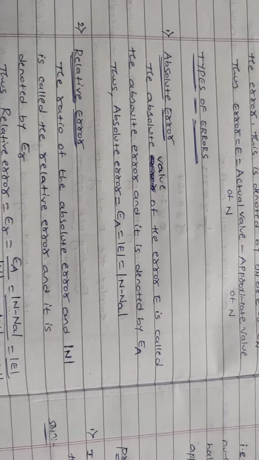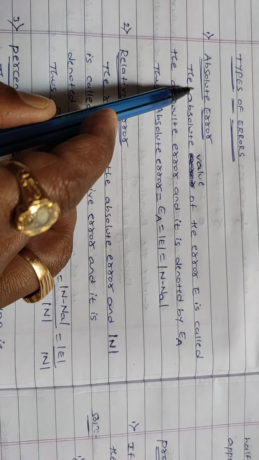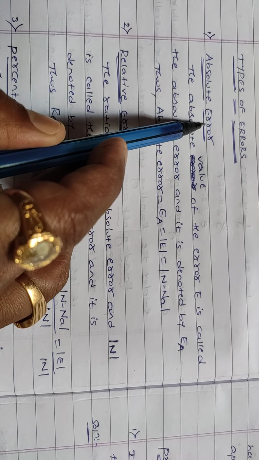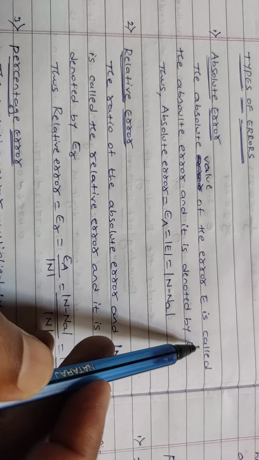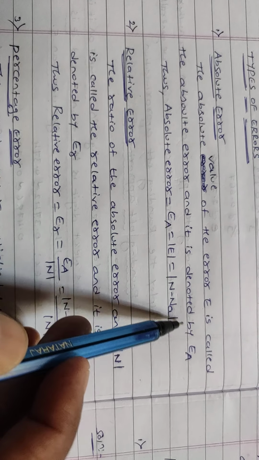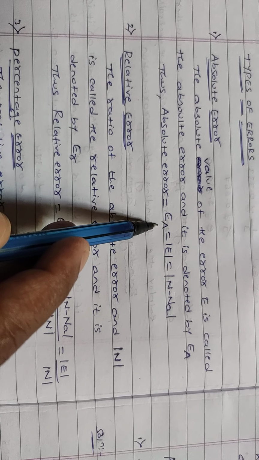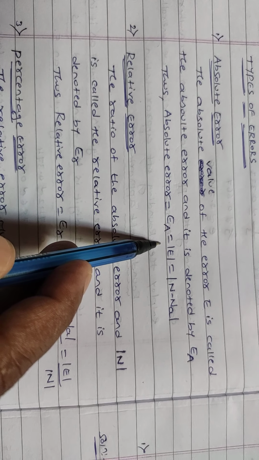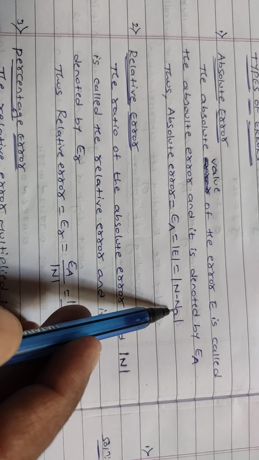Let us see the types of errors. First, absolute error. The absolute value of the error E is called the absolute error and is denoted by EA. Thus absolute error EA equals modulus of E, that is modulus of n minus NA.